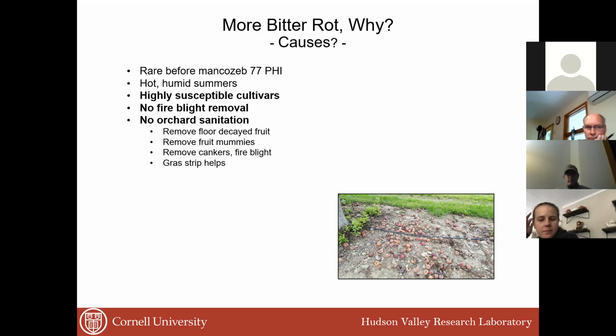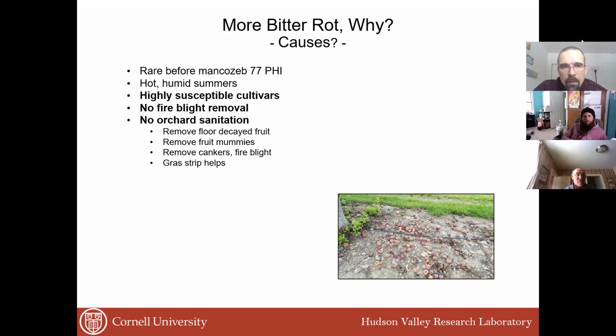We do have hotter and more humid summers, and we plant very vigorously multiple varieties that are very susceptible, and of course, the market demands them. And also we see a lot of fire blight, which allows this pathogen to move onto the symptoms of fire blight, and then survive better on the cankers and branches.